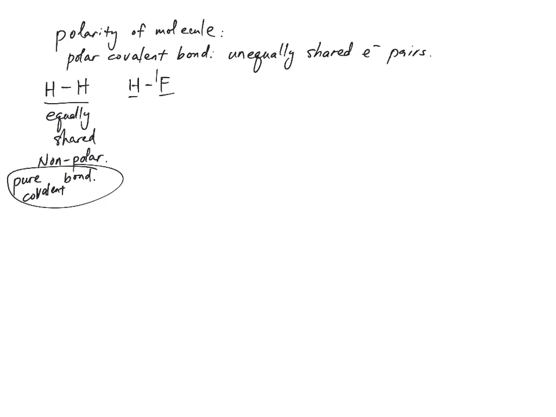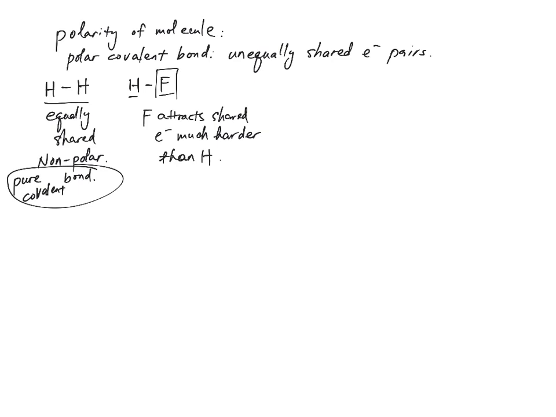But when hydrogen and fluorine are sharing electron pairs, you already know this: fluorine is the element with the highest electronegativity. Fluorine attracts shared electrons much harder than hydrogen.